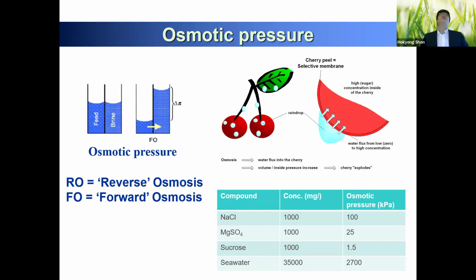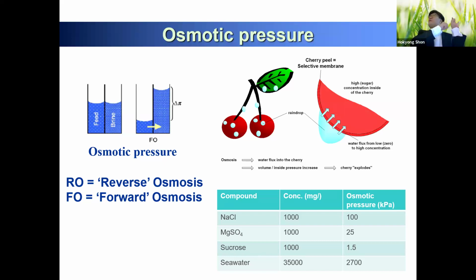If you see this cherry, the cherry also has a membrane cell in the skin. This is a membrane, and water molecules pass through the cherry skin. What happens is that during rainy times, the cherry can absorb water molecules inside, because the sugar inside the cherry has a very high concentration. Sugar is a kind of salt, so you have an osmotic pressure.